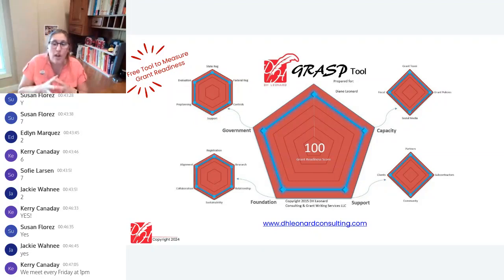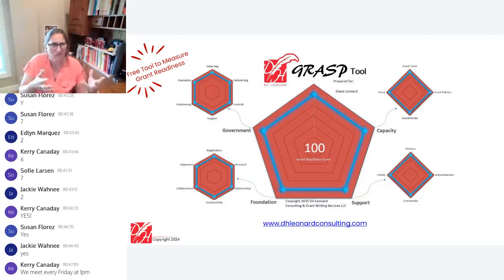Now, when we talk about grant readiness, there are not long lists of grant makers who are measuring your grant readiness. There are some who will have an application readiness tool or not quite eligibility, but they're asking you questions about the types of organizations they want to fund.